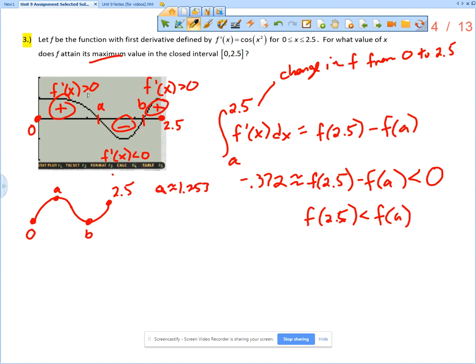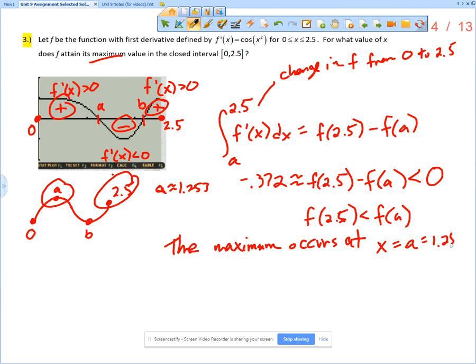I'm looking for the maximum, and f of A and f of 2.5 were the only places a maximum could occur. Therefore, the maximum occurs at x equals A, or 1.253, because f of A is greater than f of 2.5.